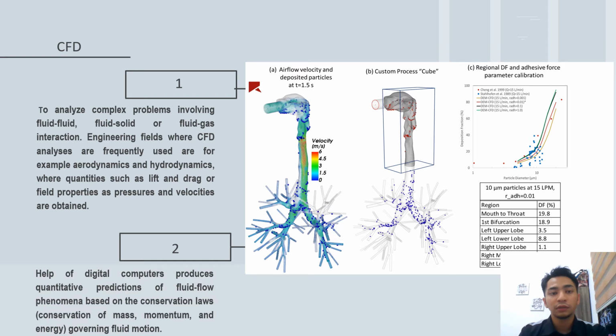For the second literature review is CFD. CFD is used to analyze complex problems involving fluid-solid or fluid-gas interaction. It is frequently used in engineering fields, for example aerodynamics and hydrodynamics, where quantities such as lift and drag or field properties such as pressure and velocity are obtained.